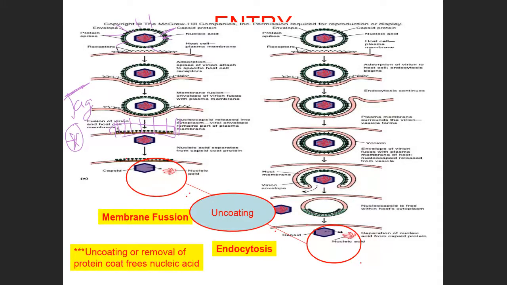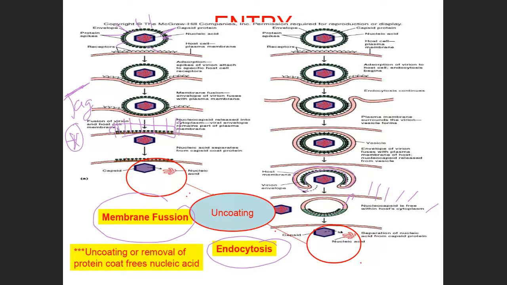The same thing can happen in endocytosis, because the vesicle where the envelope has joined will return to the cell membrane, so the cell membrane will eventually also have the viral spikes sticking out, tagging that cell as an infected cell by the immune system. All right, so you have an idea what membrane fusion versus endocytosis of enveloped viruses entails.